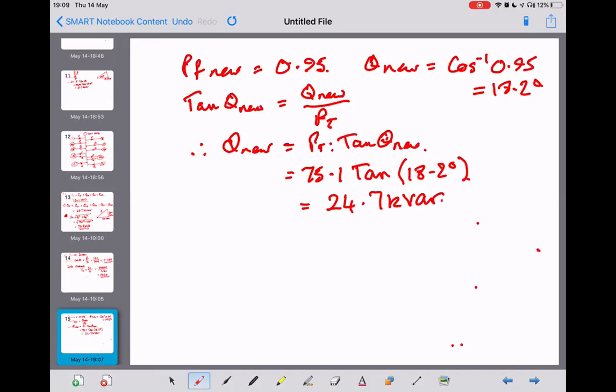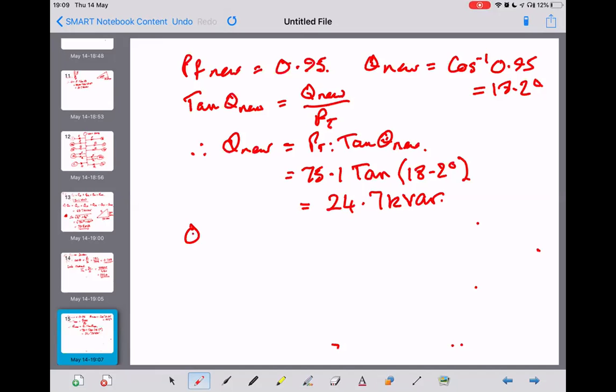Everybody following that? Yeah, that's fine. So I then worked out how much reactive power would have to be supplied by the capacitor. I've called that QC.